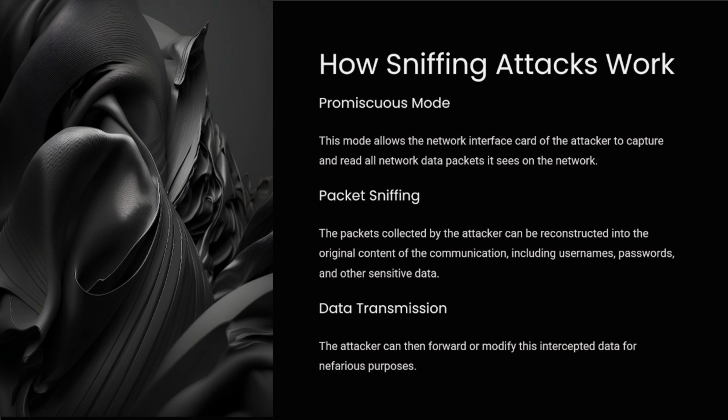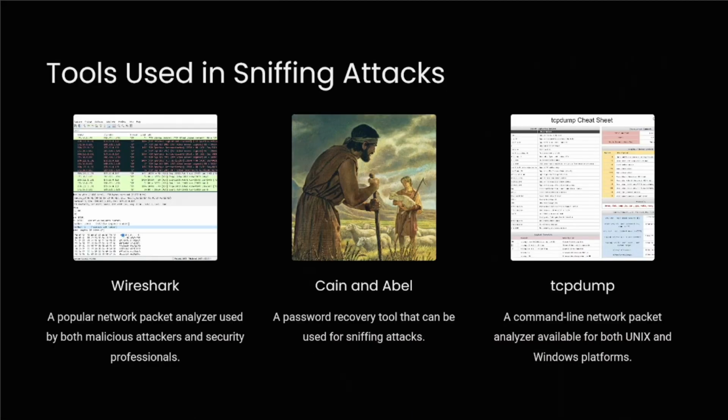Then we have packet sniffing, where the packets collected by the attacker are reconstructed, and then he will analyze them and try to find key details like communication messages, passwords, sensitive data, etc. Then we have data transmission, where the attacker will modify and also intercept the data, and he can carry out many malicious internet activities.